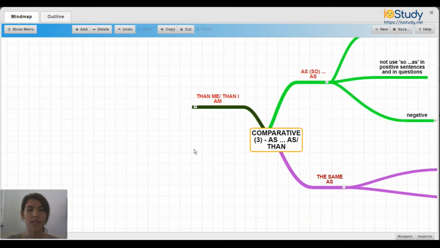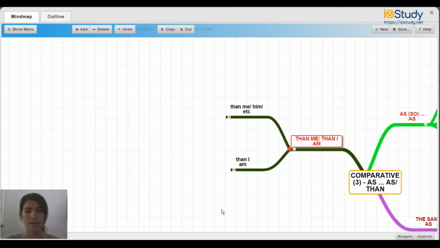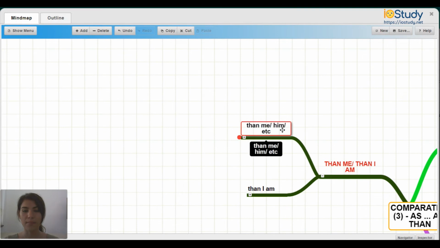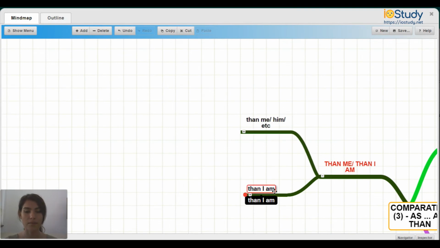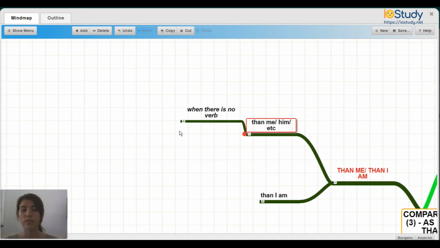Now let's go over to than me or than I am. We have than me, him, etc. and than I am. So let's see some examples for than me, him, etc. We use these when there is no verb.